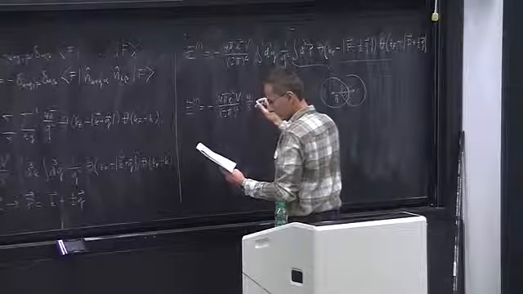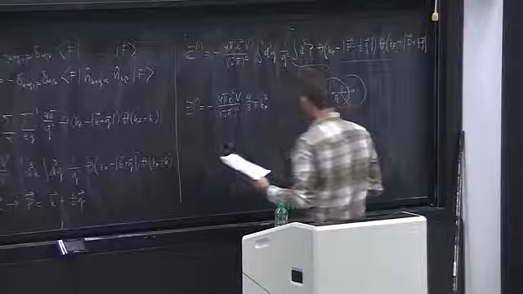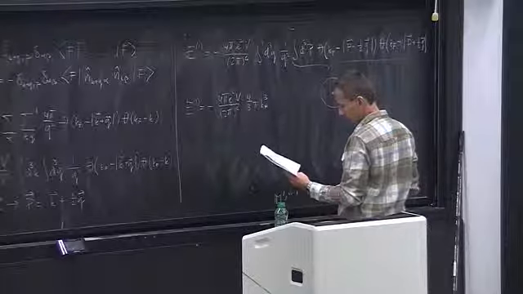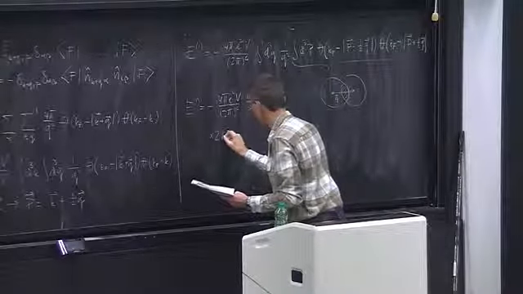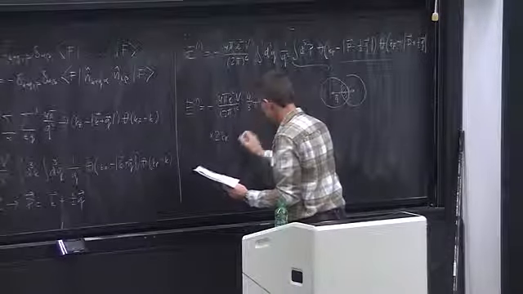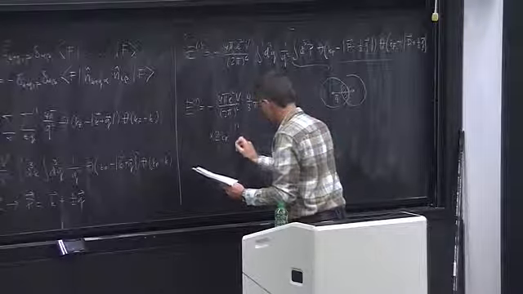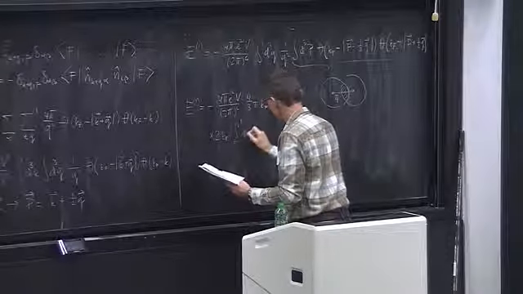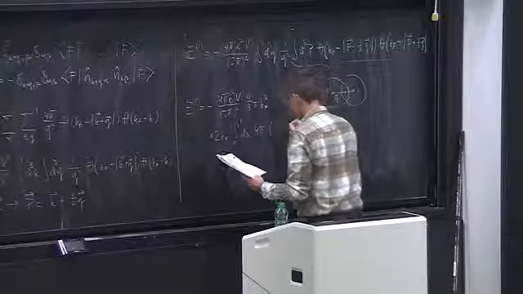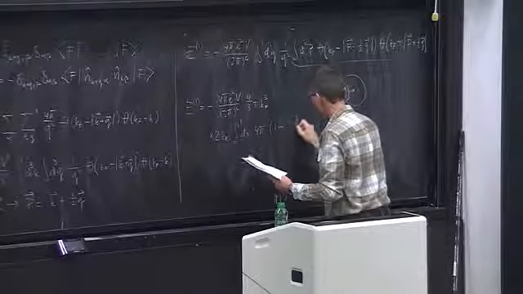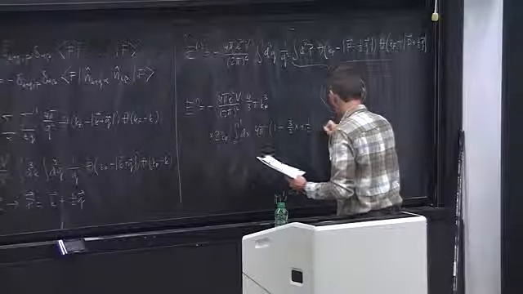And then you get 4/3 pi kf cubed. This is the sphere that you get. And then you get 2 kf times the integral from 0 to 1 dx 4 pi (1 minus 3/2 x plus 1/2 x cubed).